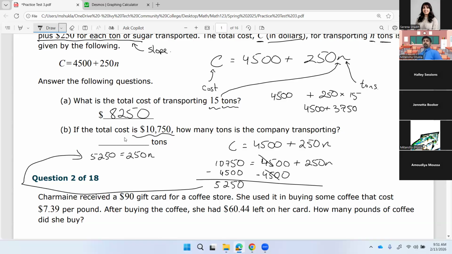I've got 5,250 is equal to 250 N, and I want to get N all by itself. What am I going to do? What's keeping the N from being by itself? The 250. What is the 250 doing with the N? What math operation is happening between those two things?